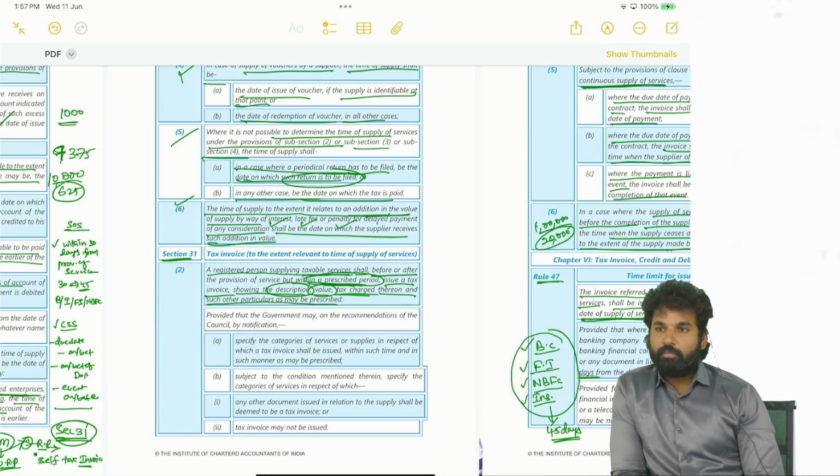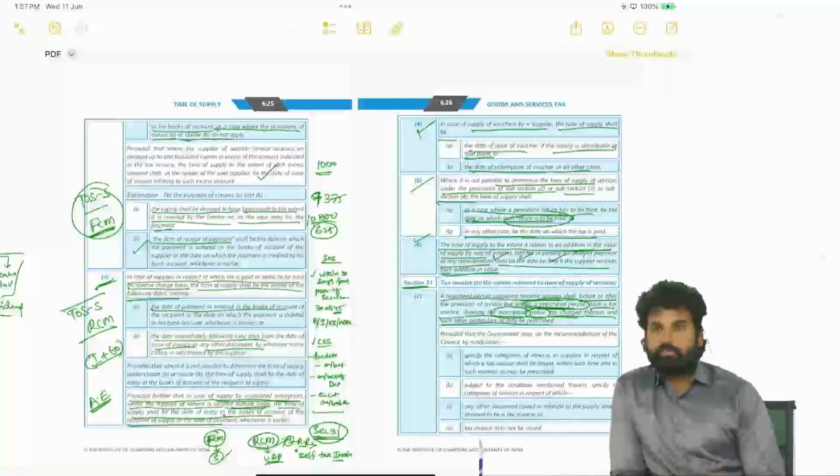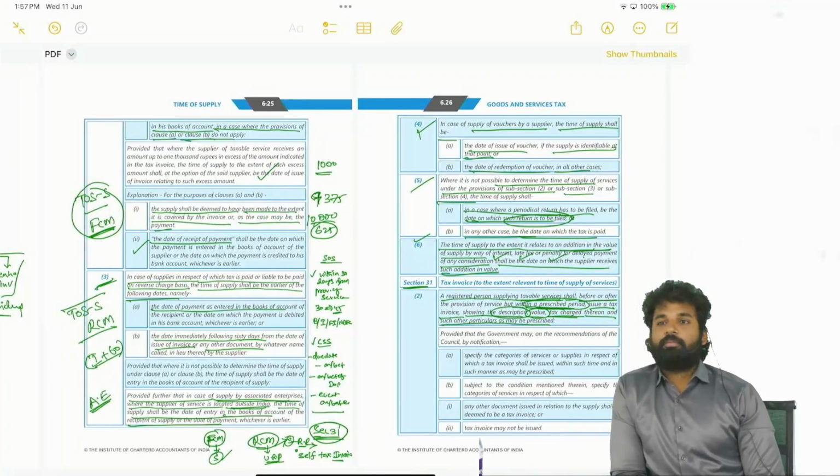If not, the date on which you are making the payment will be the time of supply. Next, addition in value: whenever you are receiving such interest, delayed payment or late fees, that will be the time of supply. Now have a reading of sections 12 and 13 read with section 31.